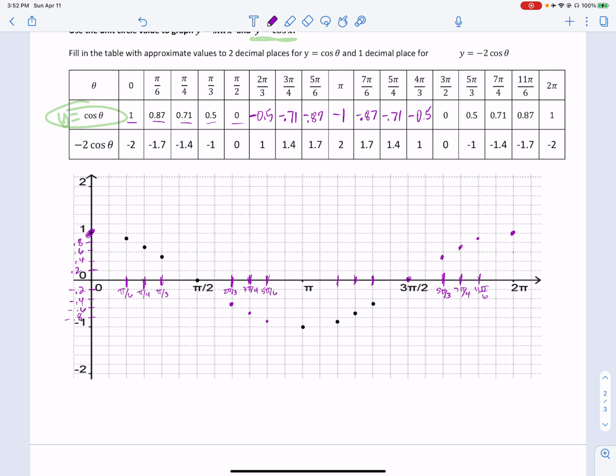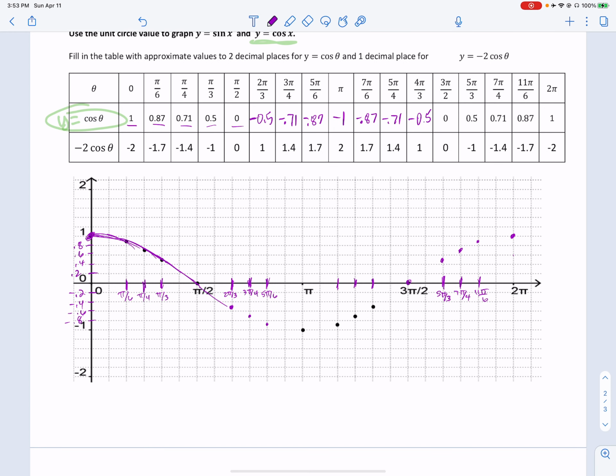And then it looks a lot like sine, but it doesn't. Sine started at 0 and went up. Cosine starts at 1 and starts coming down, but it's concave down, curved down in that first quadrant. But then it changes to scooped up and concave up from quadrant 2 all the way through quadrant 3, and then in quadrant 4 it's scooped down again.